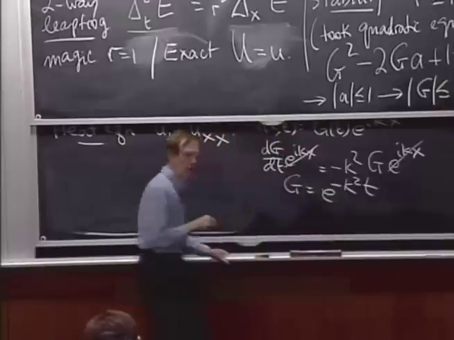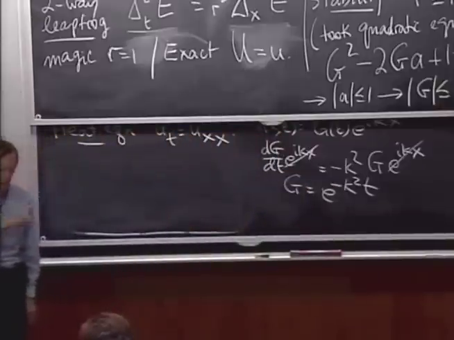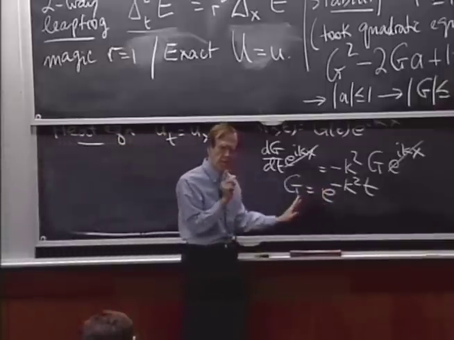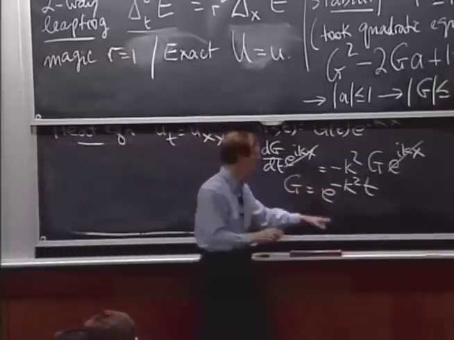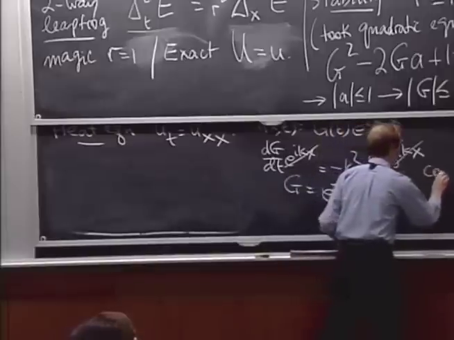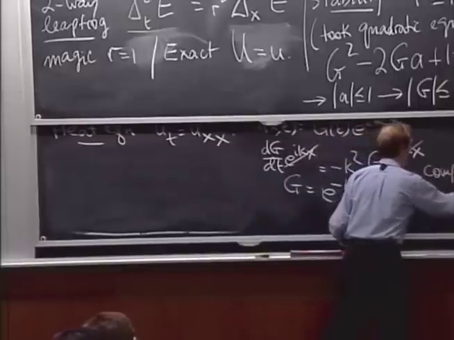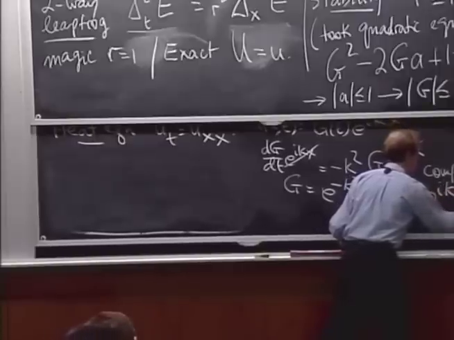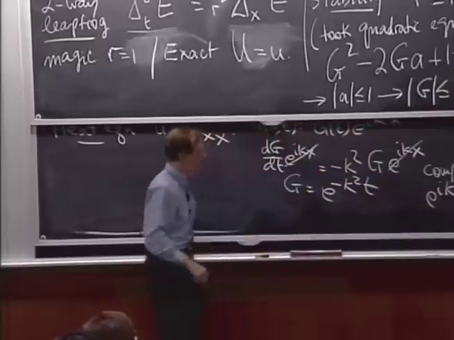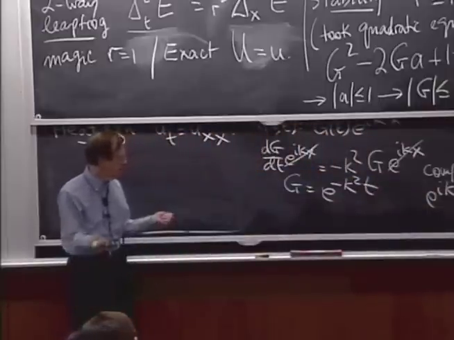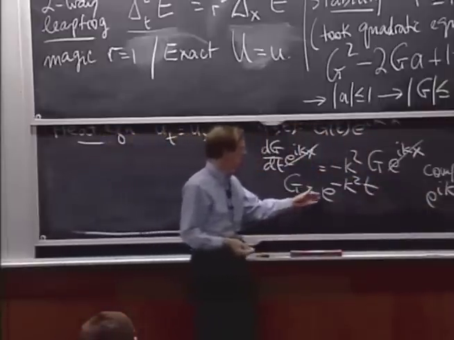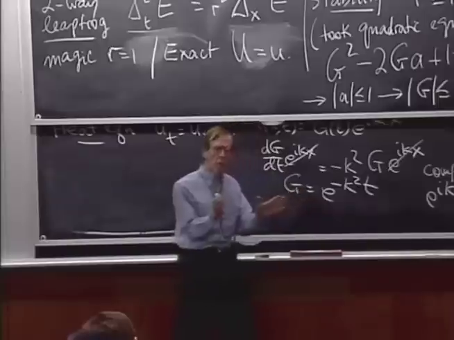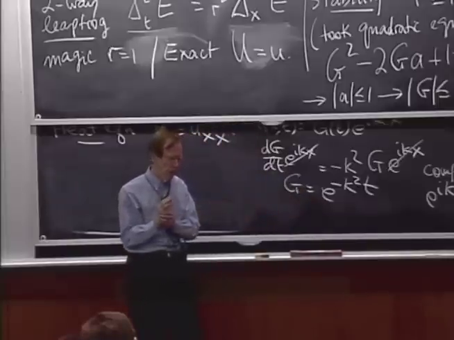Notice that it's k squared. And notice that it's real and negative. See, that's a very big difference. Compare e to the ikct, which it was for the one-way wave equation. The difference is enormous here. That's magnitude 1, energy conserved.